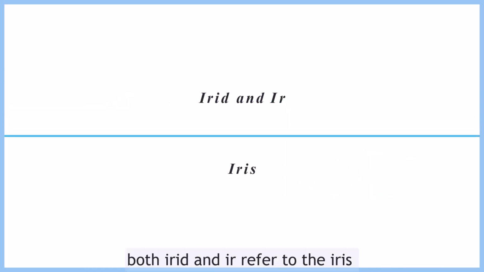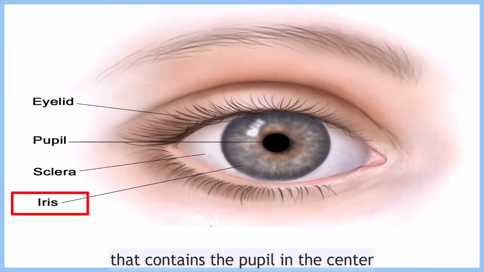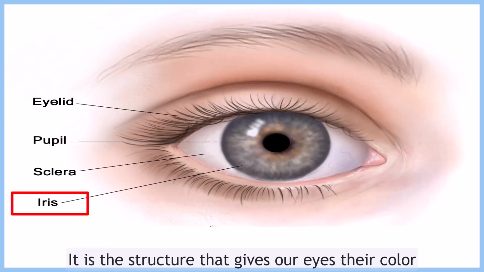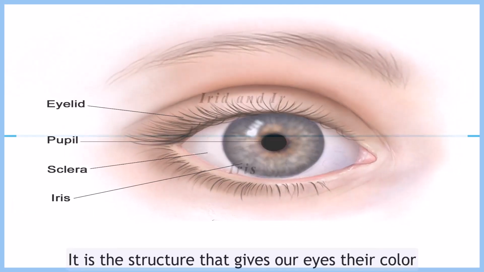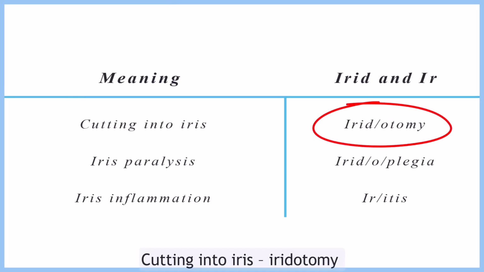Both irid and ire refer to the iris. The iris is the colored tissue at the front of the eye that contains the pupil in the center. It is the structure that gives our eyes their color. Cutting into the iris, iridotomy.